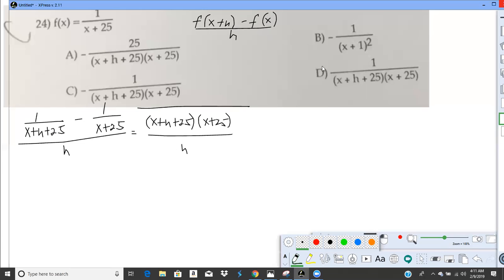It's like, for example, if you want to do 1/3 plus 2/4. The common denominator will be 3 times 4, which is 12. That's what we're doing here.